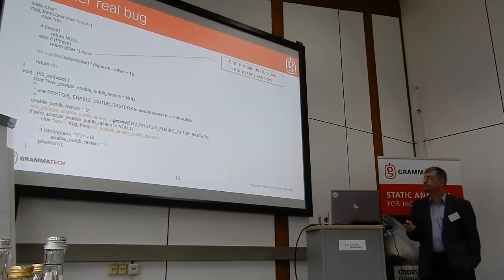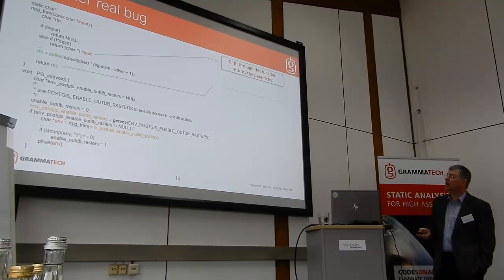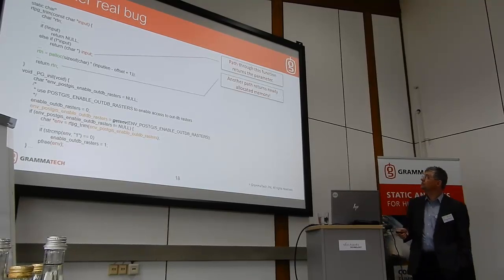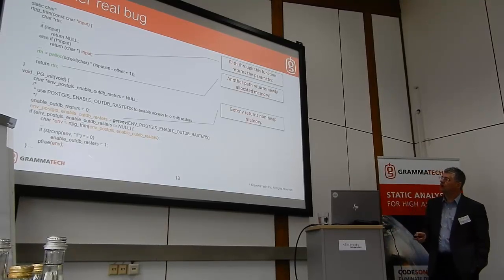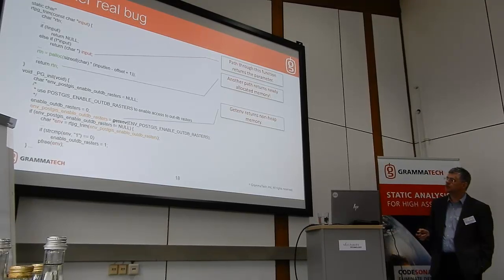And as a consequence of that, here's a call to getenv. The getenv is putting its value in this variable here, which is being passed to RTPG trim, which is the function that we have here.